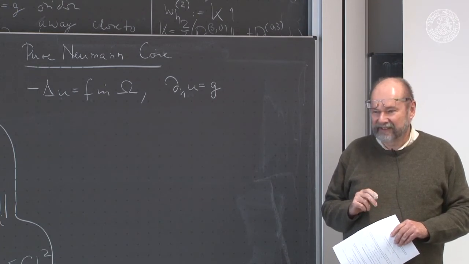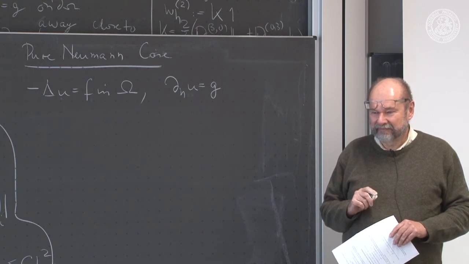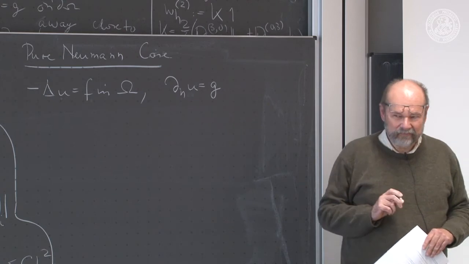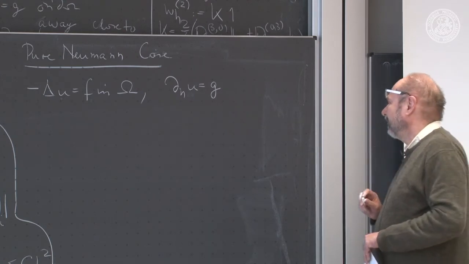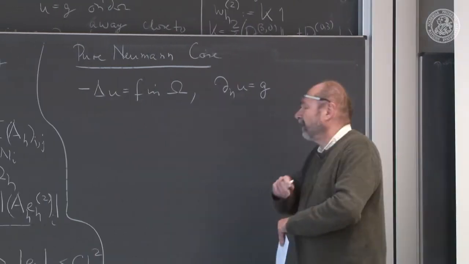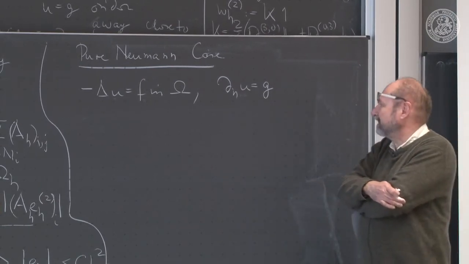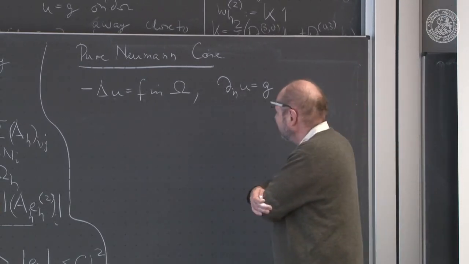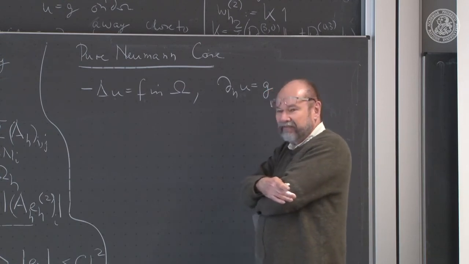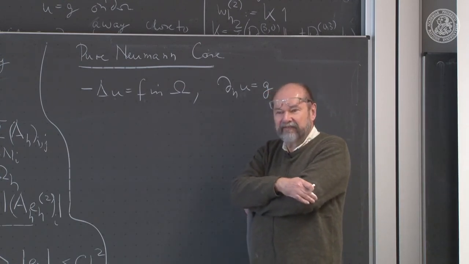I think it's not possible because you pump energy into the system. If you have a source and an influx, you have very high temperature, for example. What doesn't seem to be possible is that f is non-positive, that we really have a source.